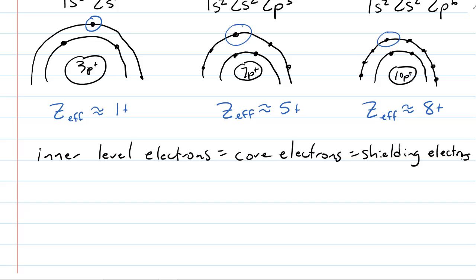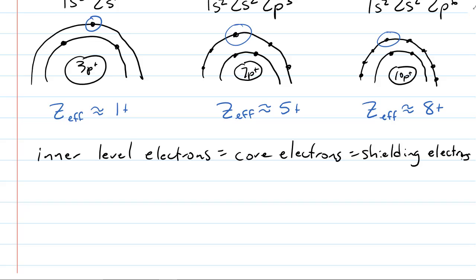But what we can see happens here as we go across from left to right in the periodic table, what happens to the effective nuclear charge? It increases. And so as we go from left to right, the effective nuclear charge increases. But what happens to the number of energy levels? They stay the same. So going across from left to right, we still only have 2 energy levels, but the effective nuclear charge increases.